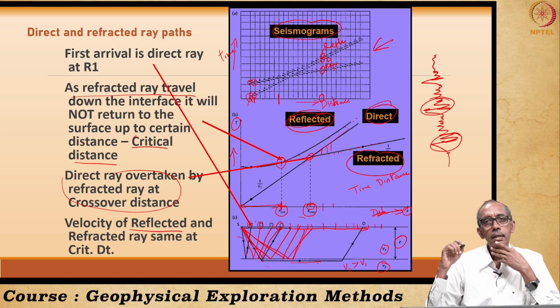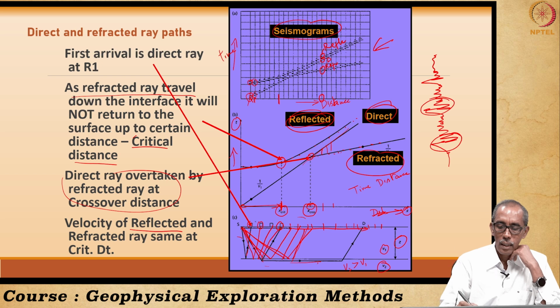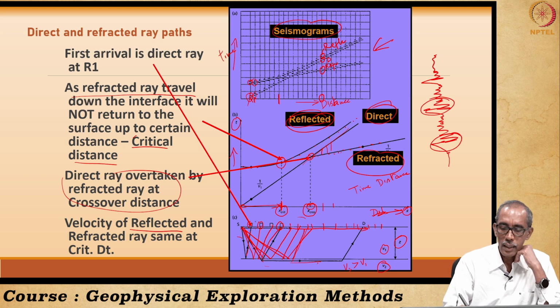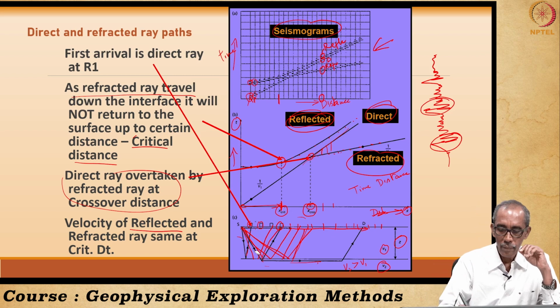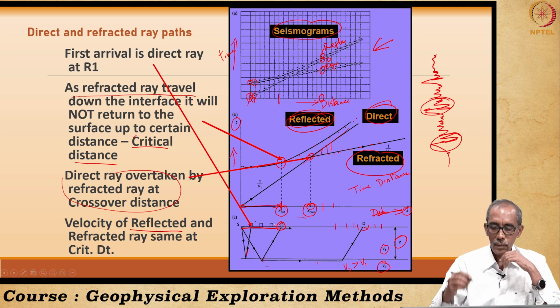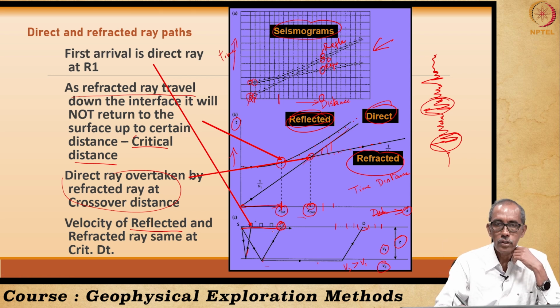Reflected signal is always slower, because in comparison with the direct ray, the direct and reflected rays in layer 1 travel at the same velocity, but the direct rays are able to reach, let us say, this geophone by traveling this much of distance. To reach the same geophone, the reflected signal takes a long route.